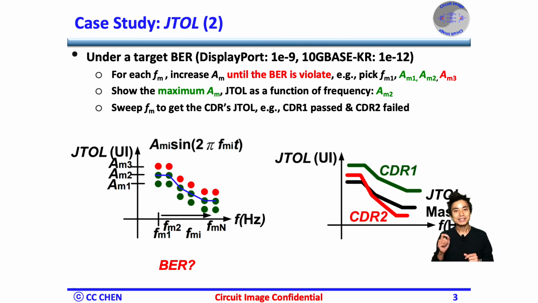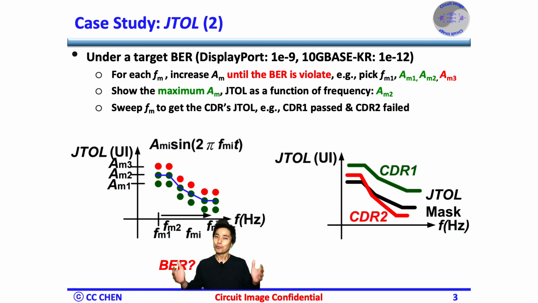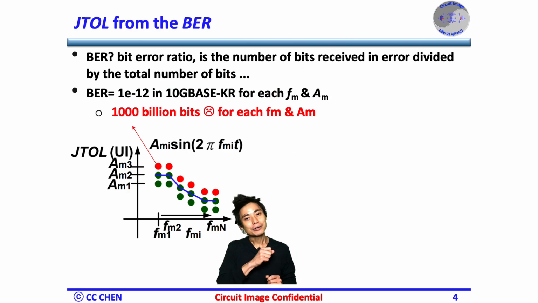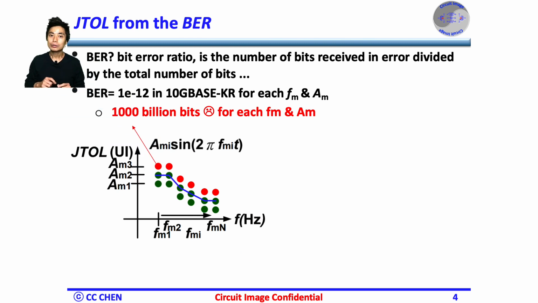After fully understanding how we characterize the JTOL, you may have a feel that the bit error rate will be an issue in a simulation. Why? Think about it for 5 seconds. Bingo, the bit error rate, or bit error ratio, is the number of bits received in error divided by the total number of bits.